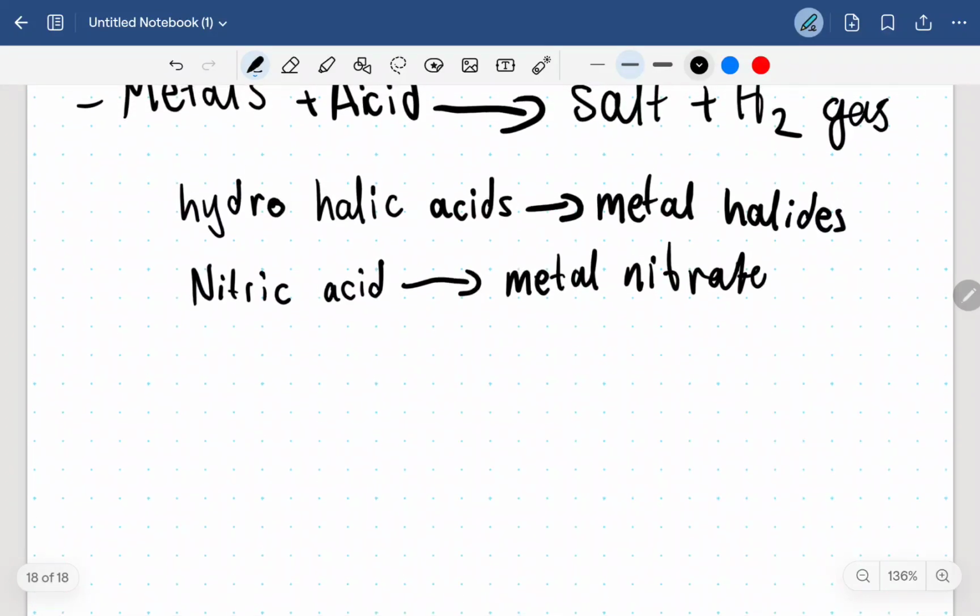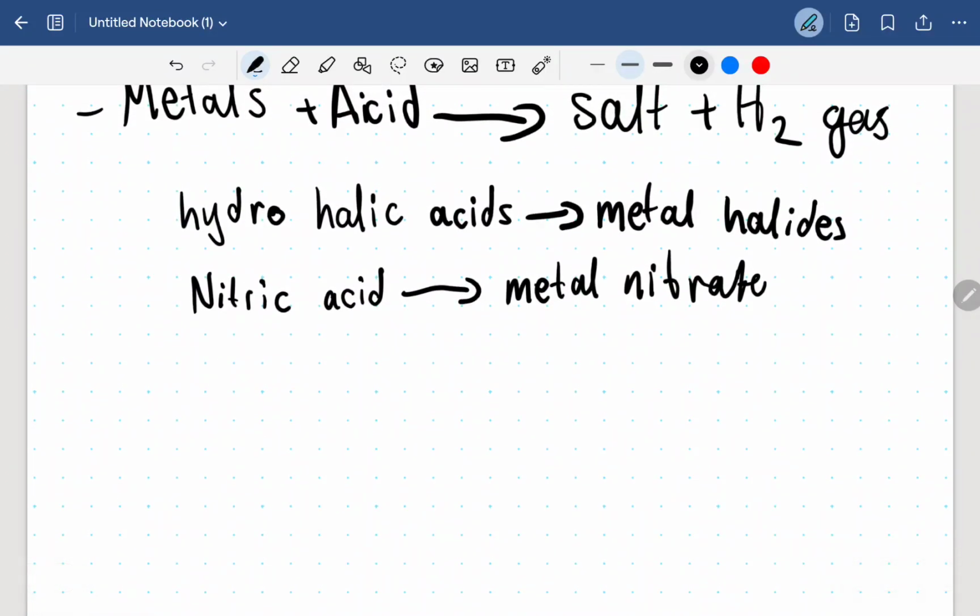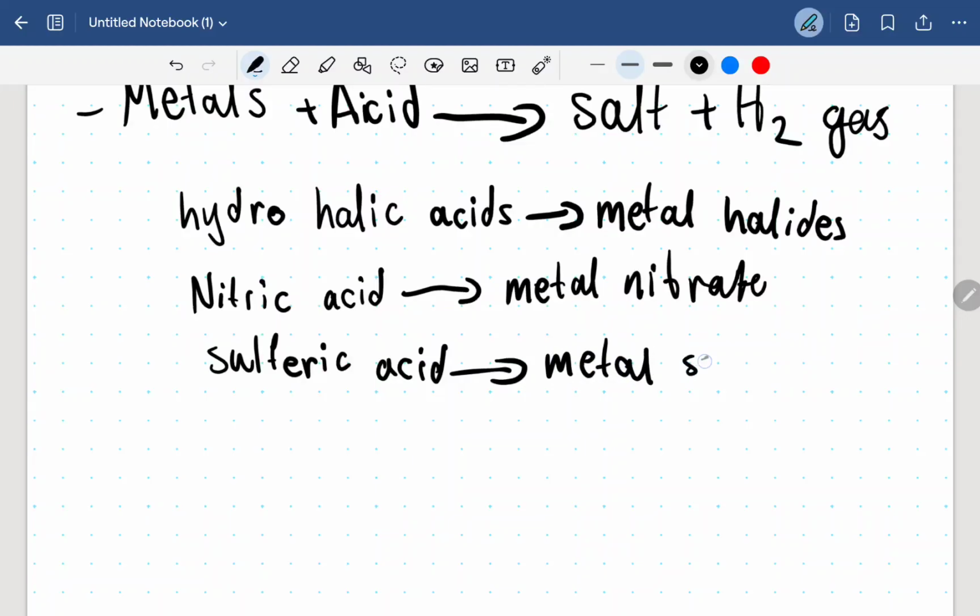By the way, these are the names of the acids, and these are the metals that they make. So these are your acids, with any metal. And when you have sulfuric acid, it will form metal sulfates. Okay?